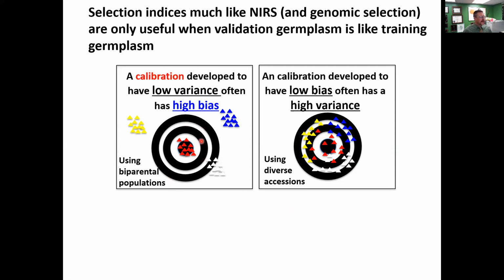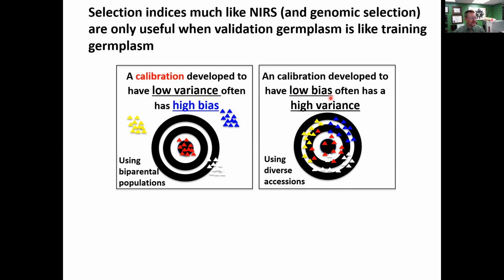If we develop that calibration using one biparental population, it's going to have low variance, so it's going to predict all these very accurately, but it's going to have a high bias to this population, so it's going to predict another population very inaccurately.